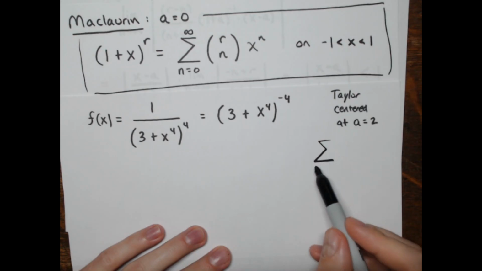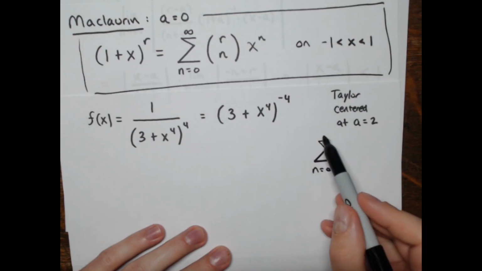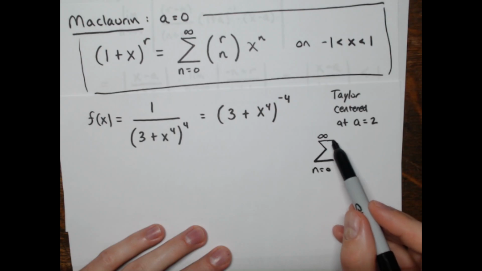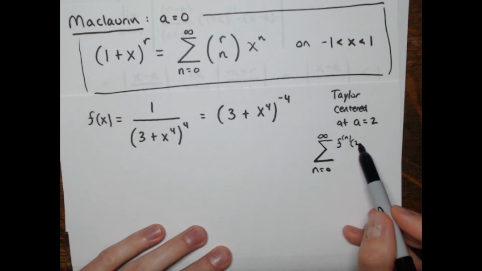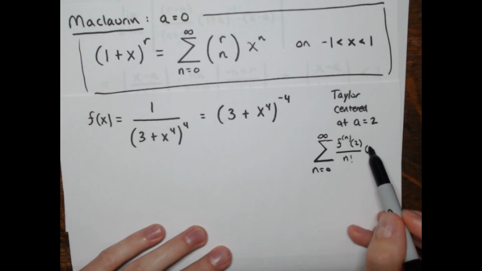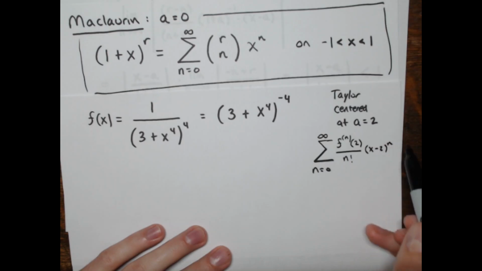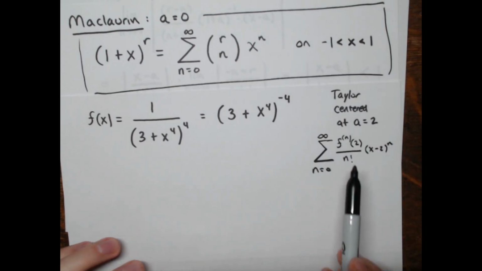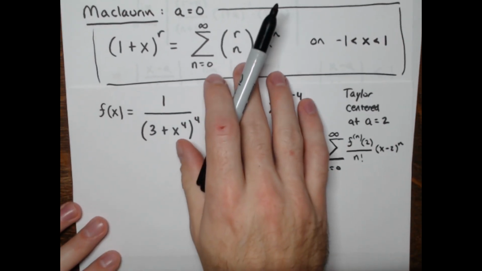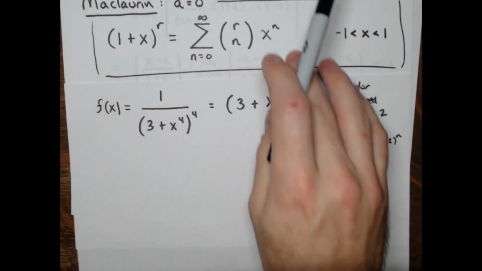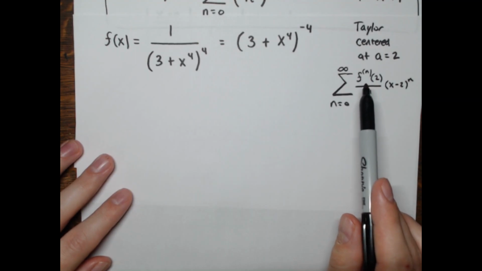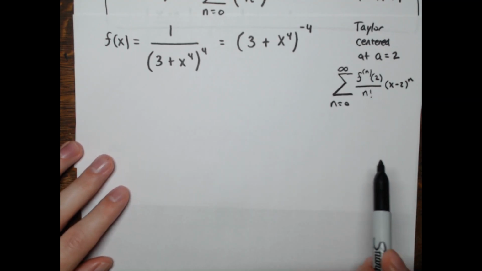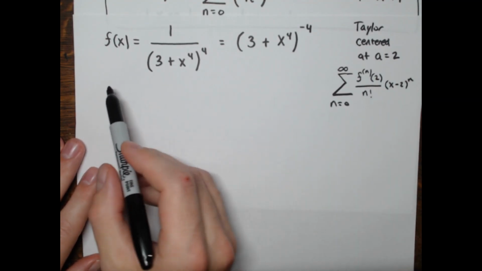Sum n equals 0 to infinity of the value of the nth derivative at 2, divided by n factorial, and then times our powers of x minus 2. So I'm going to go through and try to figure out a nice pattern for this nth derivative at 2 divided by n factorial here.